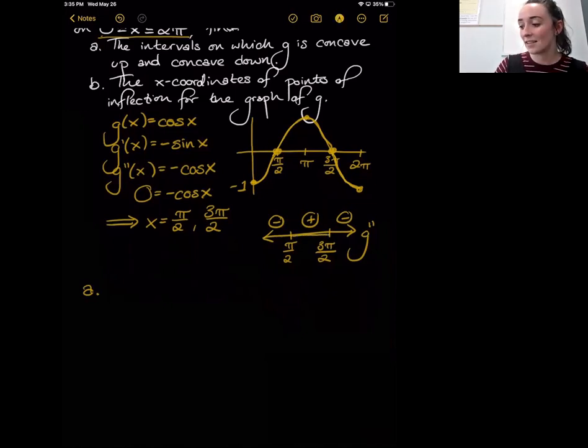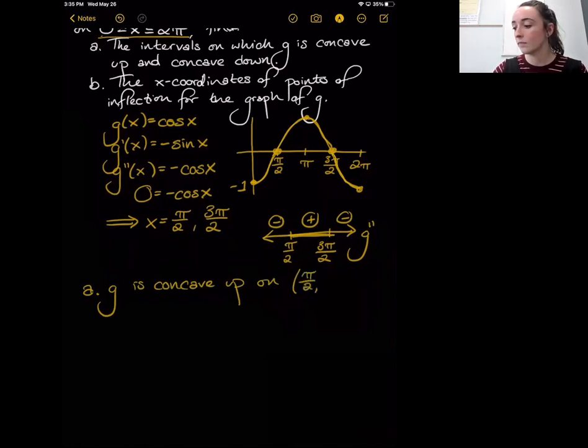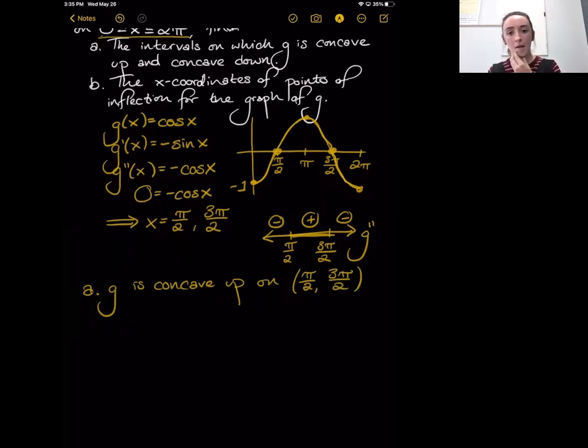That's right, on this interval from pi over 2 to 3 pi over 2. So g is concave up on pi over 2 to 3 pi over 2. And we know that's because its second derivative is positive.